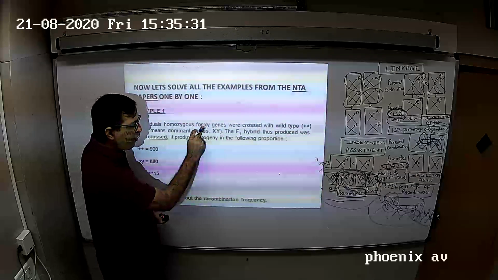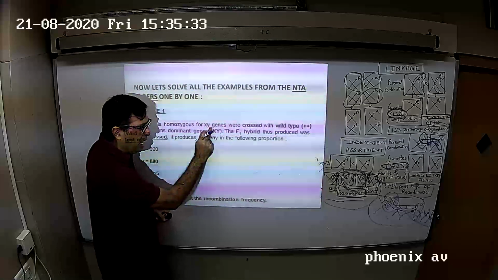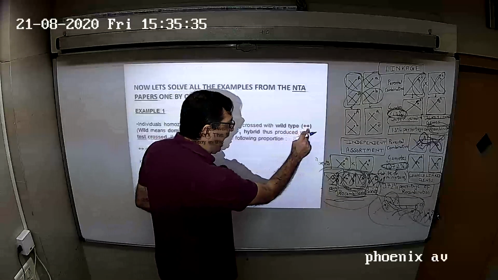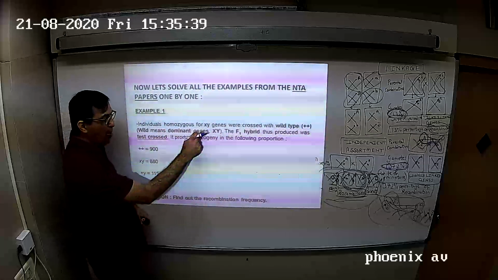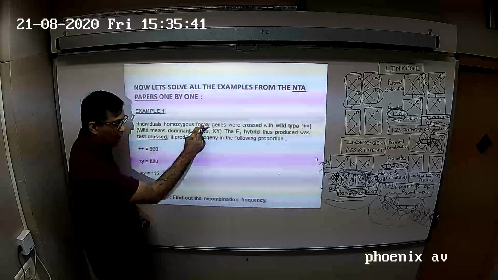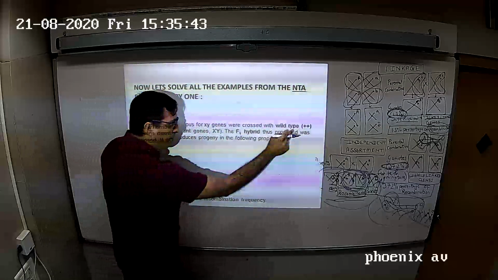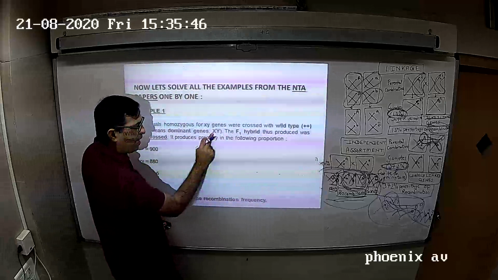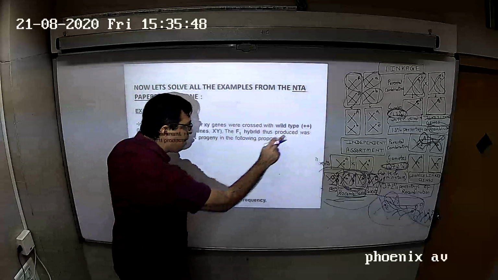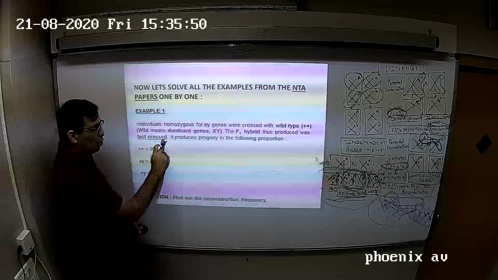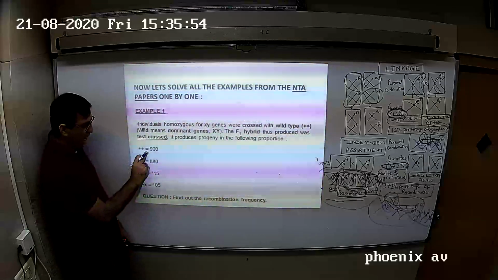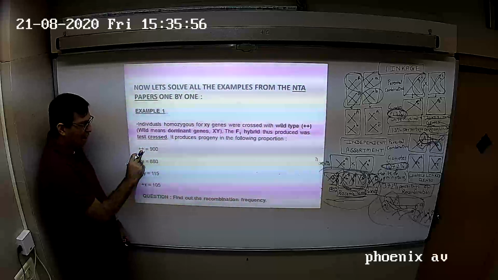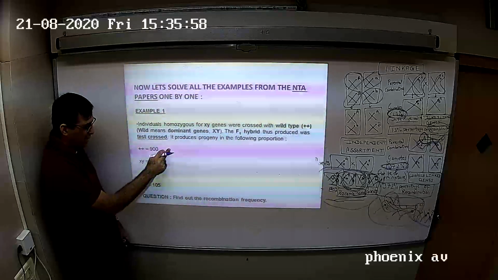Individual homozygous for small x small y were crossed with plus plus, which you know means dominant genes, capital X capital Y. F1 hybrid produced was test crossed. It produces progeny in the following proportion: plus plus, which is capital X capital Y, 900 parental.